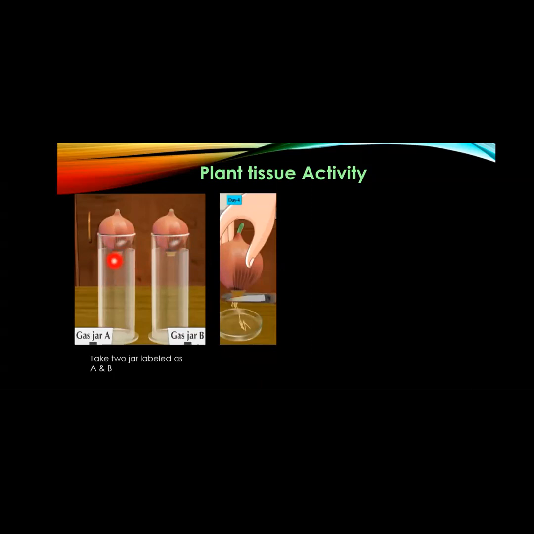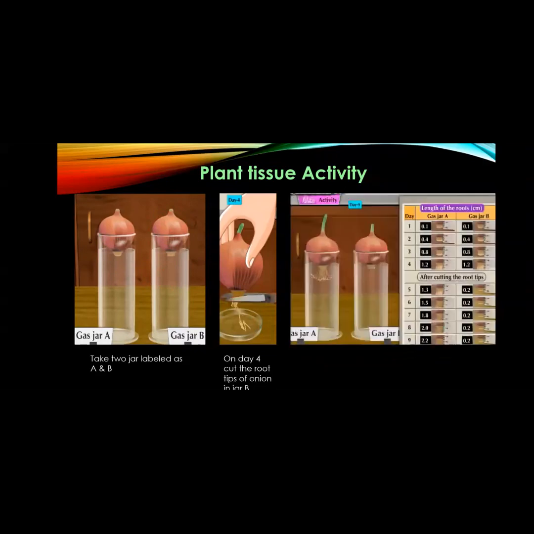Due to the availability of water, the roots will start growing. We allow the roots to grow for 4 days, and after 4 days, we will cut the roots of the onion in jar B, as it is shown over here. Cut the root of onion in jar B.